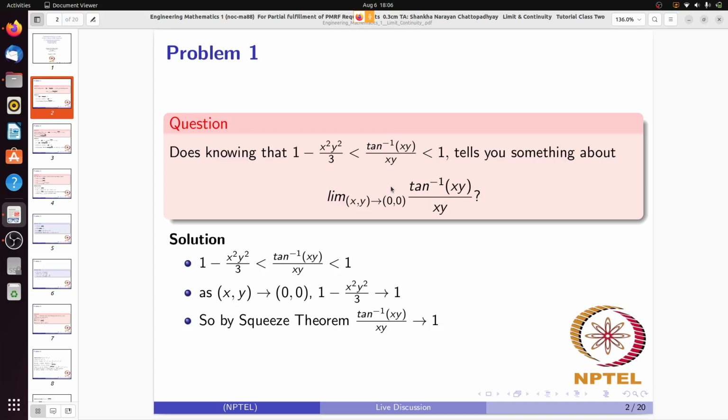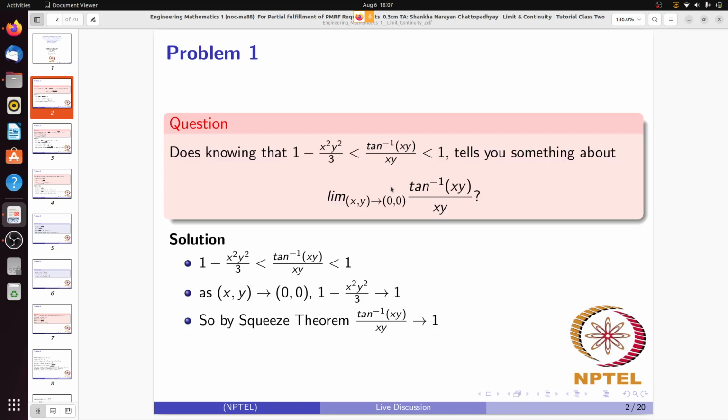As (x,y) tends towards (0,0), if we just put x equals 0 and y equals 0, x square y square by 3 vanishes, so it becomes 0. So 1 minus x square y square by 3 is tending towards 1.